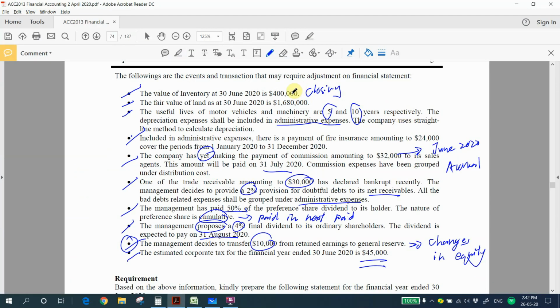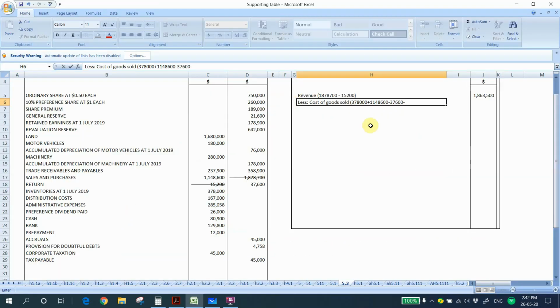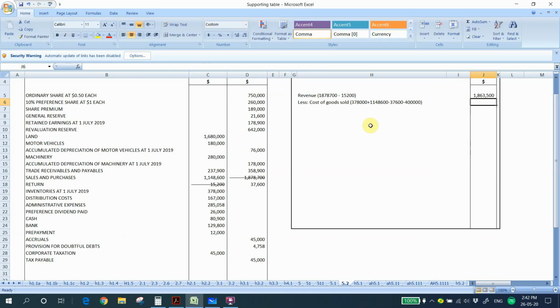The closing inventory value is 400,000. So we use 378 plus 114,600 minus 37,600 and minus 400,000.